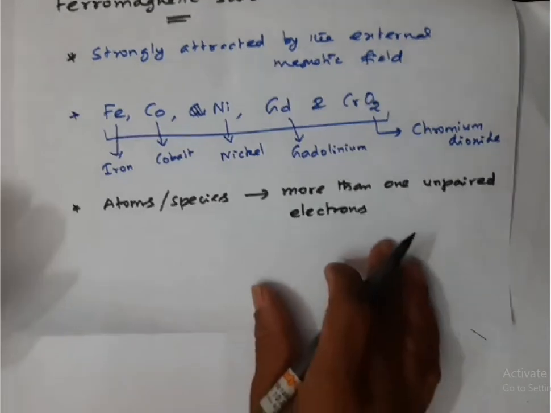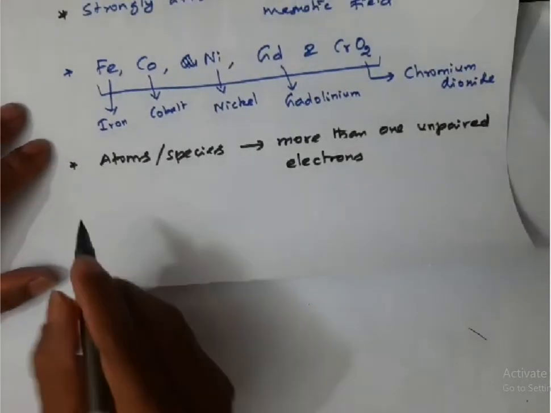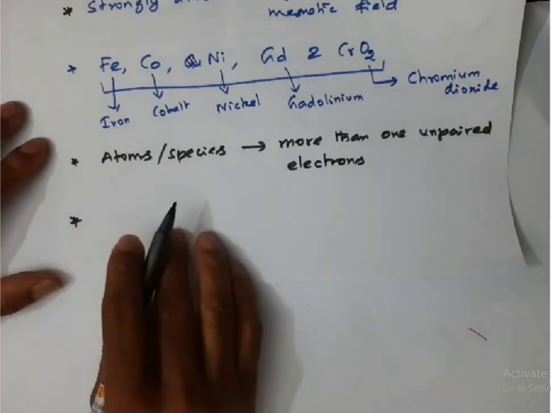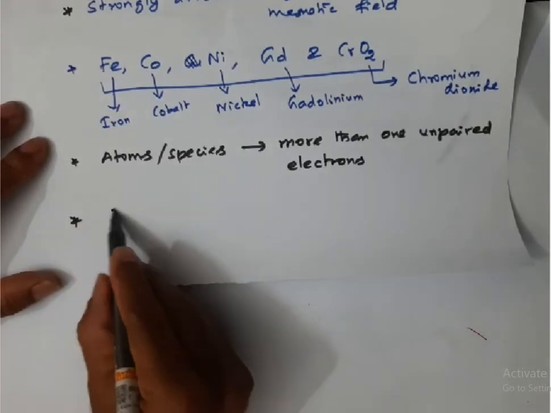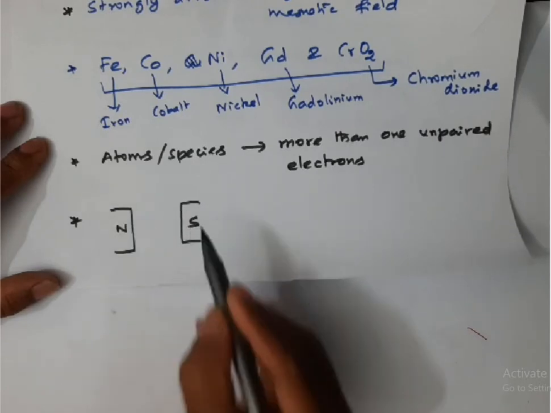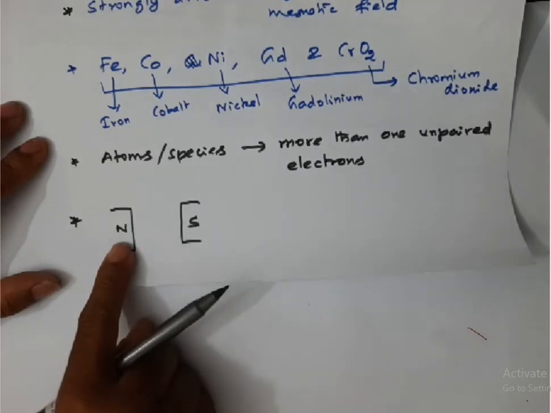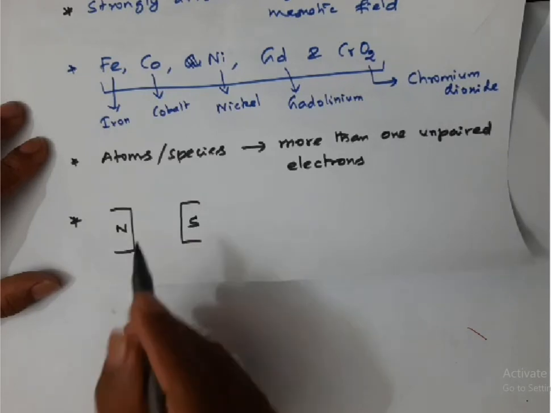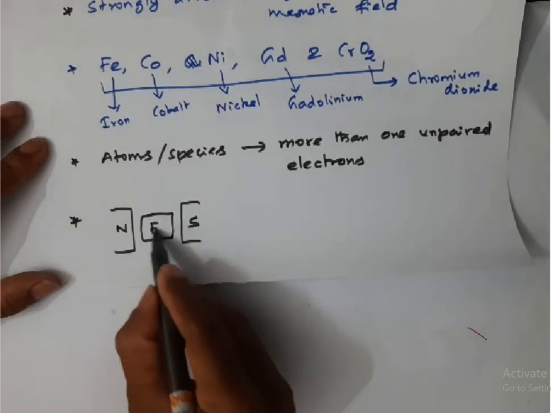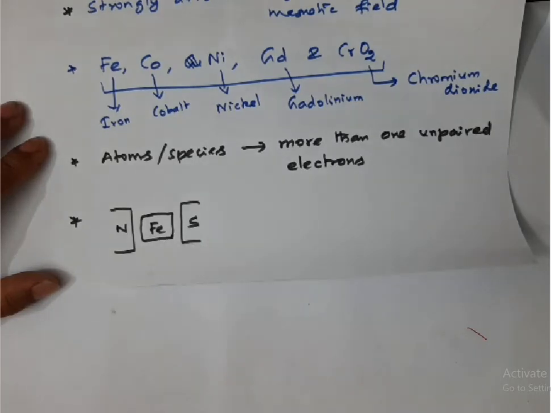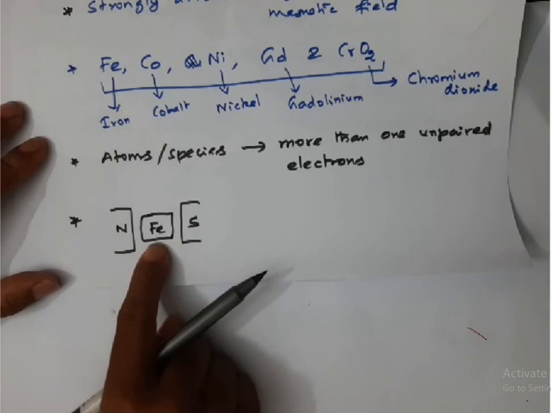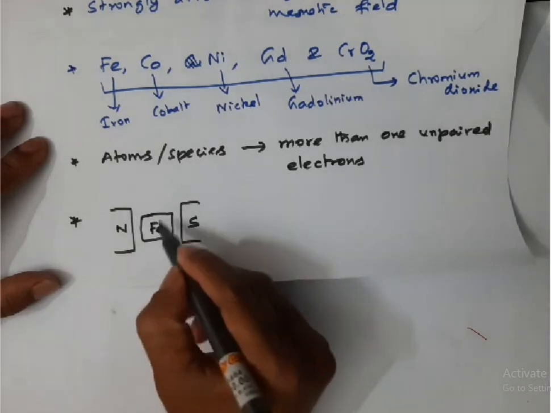Another important feature is that, suppose you keep the solid in some external magnetic field. This is the north pole of the magnet and this the south pole. Now I'll keep a piece of iron here. If we keep the solid in a magnetic field, the solid gets magnetized.